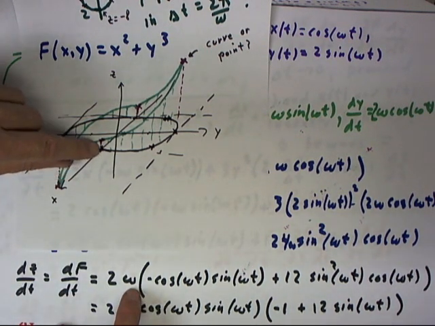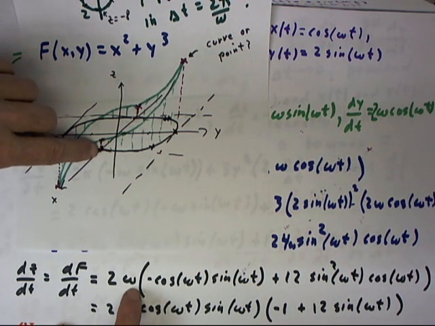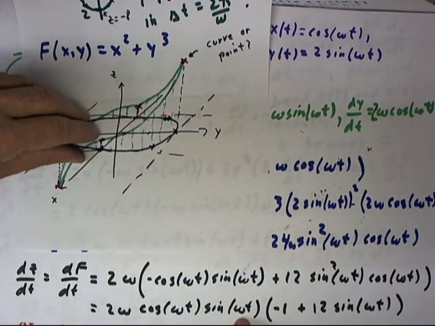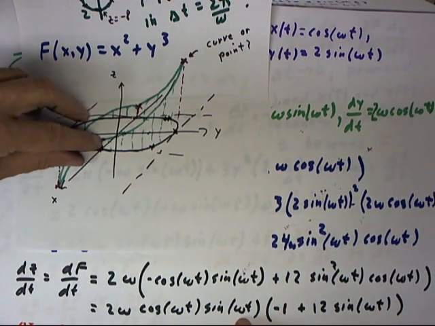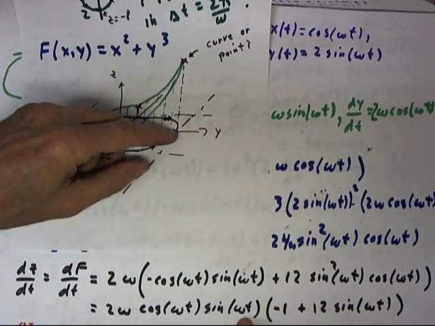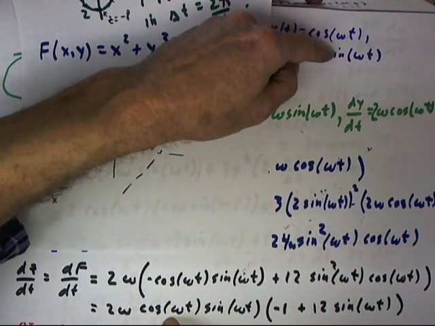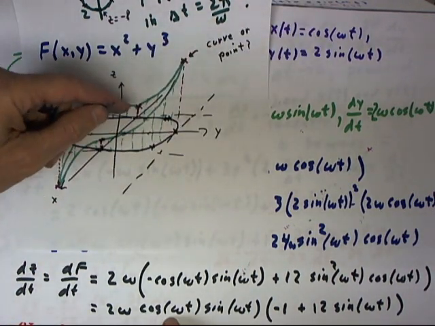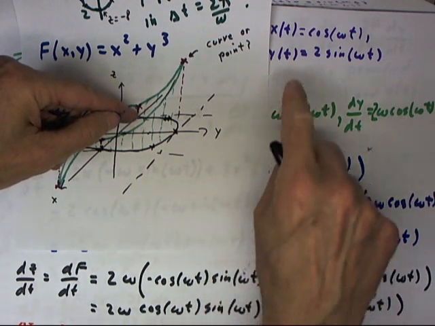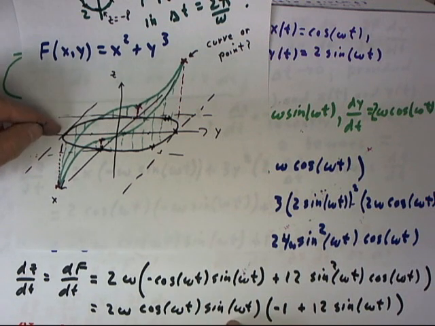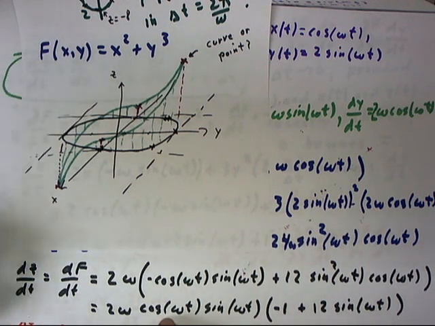At the x equals 0 or t equals 0 point, the sine of omega t is 0. At this point of the ellipse, we're here because the cosine of omega t, which gives us our x of t, is 0. At this point, our y is again 0 because the sine of omega t is 0. And at this point again, the cosine of omega t is 0.